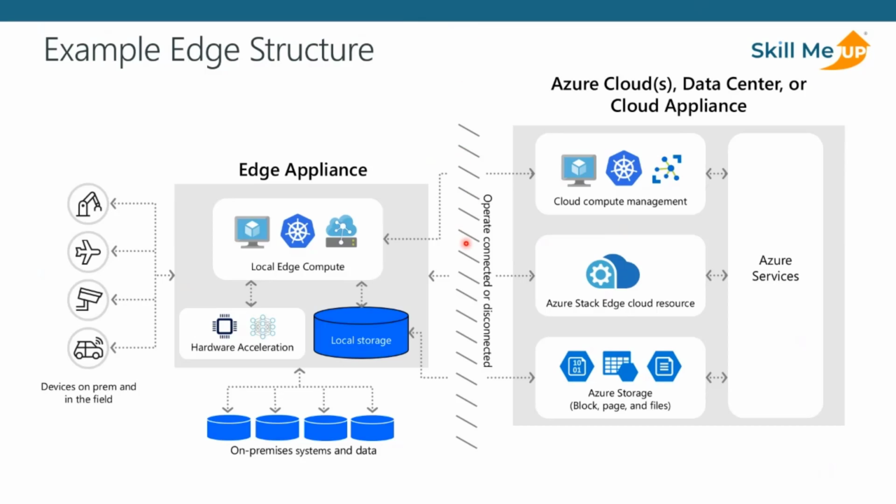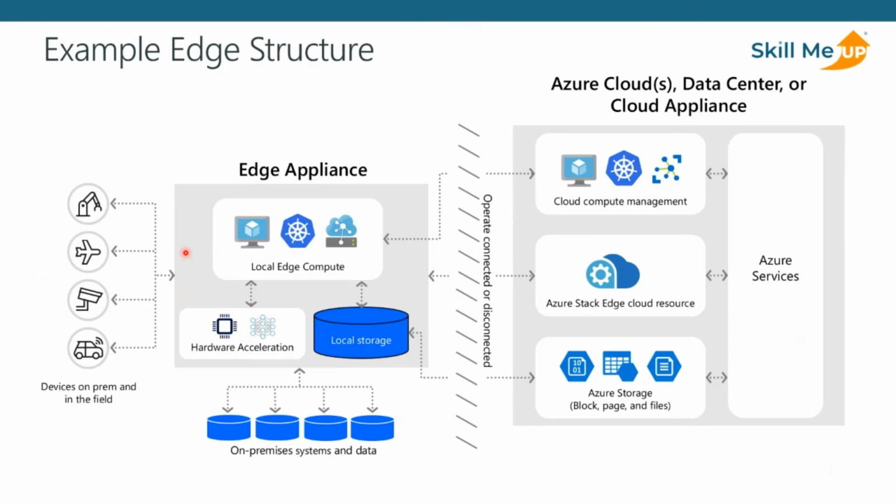And maybe the connection's not lost. Maybe it's just a very limited connection, and you need to make sure that you're optimizing what data is getting processed here locally and utilizing your local storage. And then only those things that are vital that need to be uploaded, those are the pieces that get synchronized up.